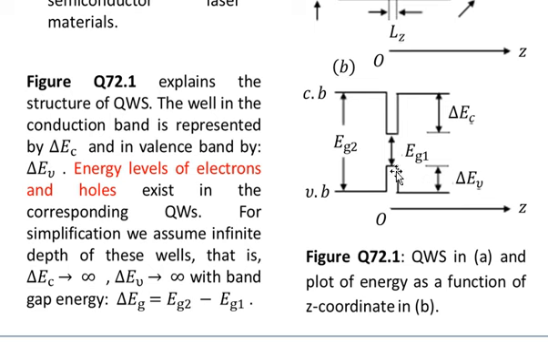So you need to supply the Eg1 energy if you want to move the electron from the top of the quantum well in the valence band to the lowest state in the quantum well of the conduction band.